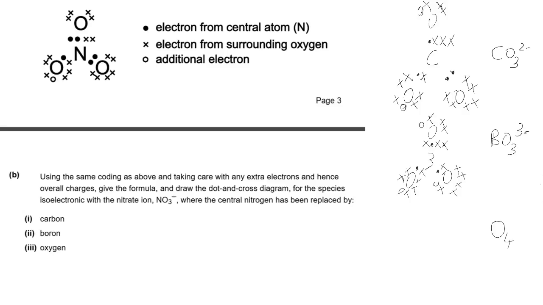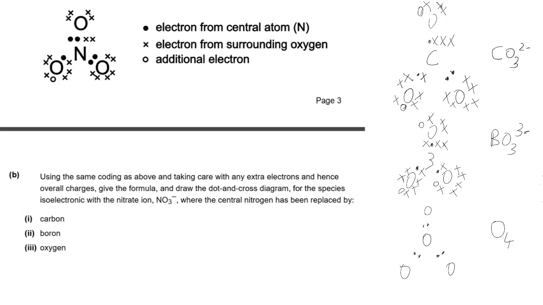Okay, the final compound here is the oxygen O4. So as we said, there's no additional electrons present here. All the electrons are provided by oxygen, but obviously we want to distinguish the oxygen in the middle from the other ones. So the oxygen in the middle is going to provide 6 electrons, just like the other ones, but if we allocate them evenly, we would end up with these dative bonds everywhere.